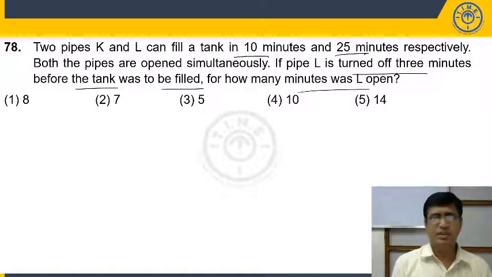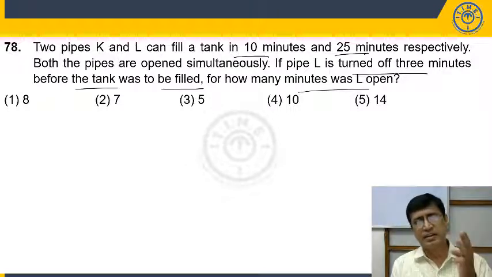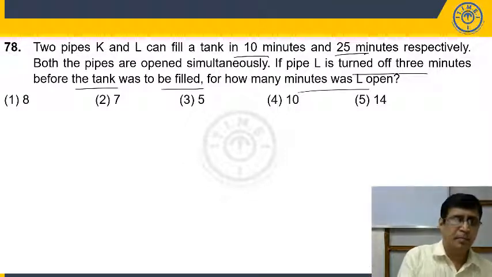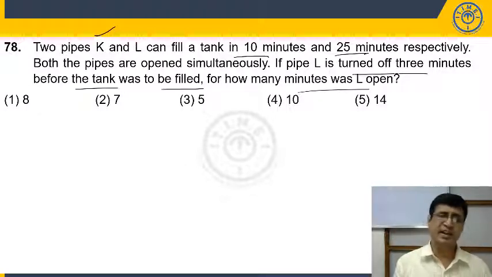Now if you observe this carefully, both the pipes are opened simultaneously. Pipe L is turned off 3 minutes before the tank was filled. Those 3 minutes, the pipe K filled the tank.